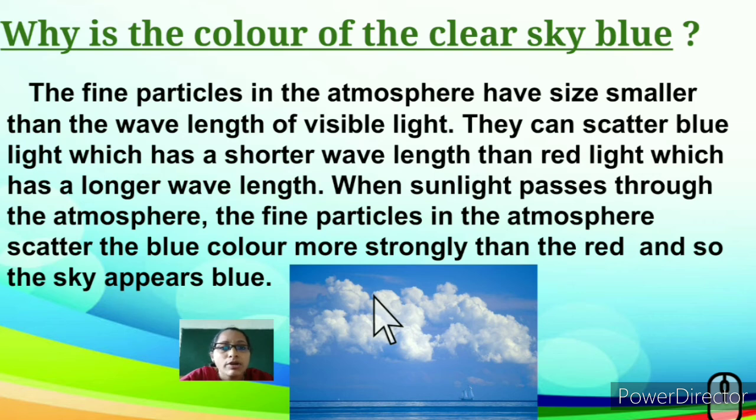So when the sunlight passes through these fine particles in the atmosphere, the shorter wavelength of blue light gets scattered more than the red, so the sky appears blue.